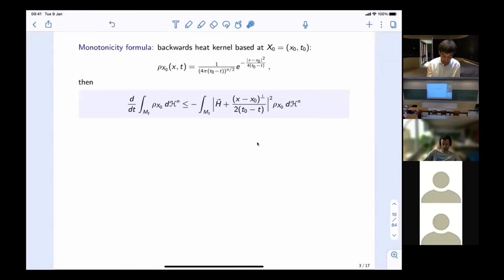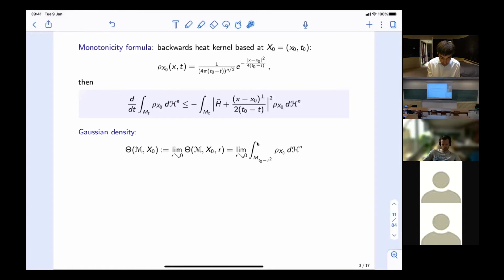Now, the important computation is that if you integrate your flowing surfaces against this backwards heat kernel, then that quantity is monotonically decreasing in time under mean curvature flow. One of the consequences is that this is now a monotone quantity, and you can define its limit.